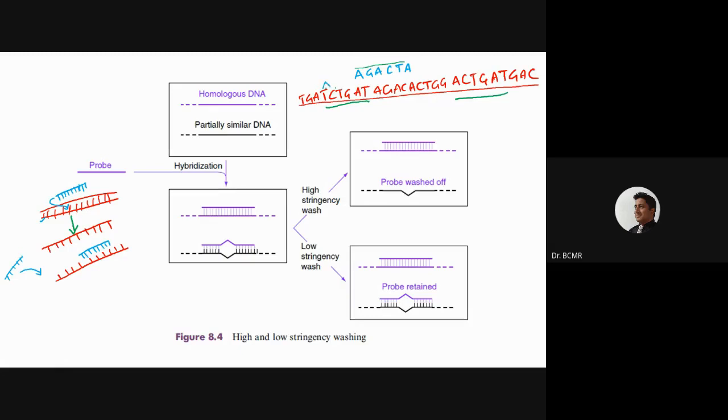So I will write here AGACTA. That is one place where the probe is bound. There is also a possibility that the probe can bind here, except that there is one mismatch. Here is a mismatch. The rest of the DNA is base pairing, right? This is the best sequence, best possible base pairing. That is the absolute one.